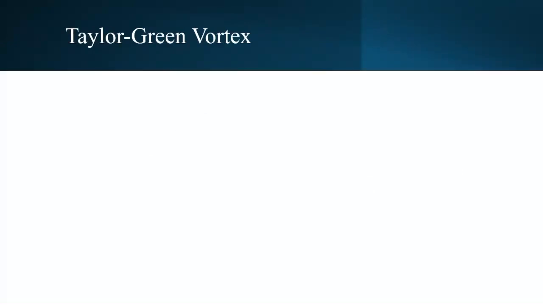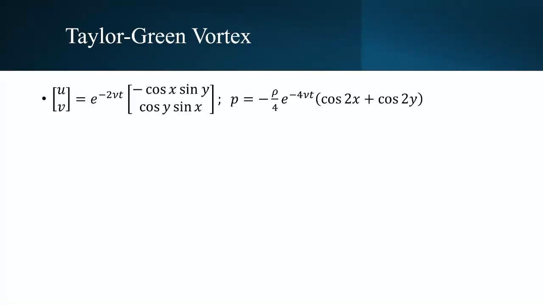And we can verify it quickly with a solution we already know, which is the Taylor-Green vortex. This is the exact solution I found for the Taylor-Green vortex. u equals e to the negative 2 nu t times negative cosine x sine y, and v equals e to the negative 2 nu t cosine y sine x.